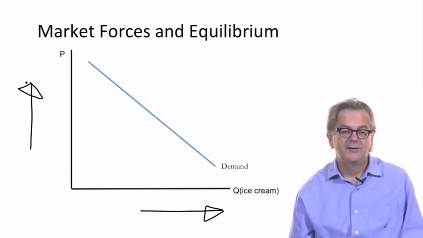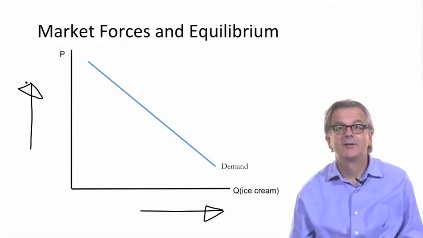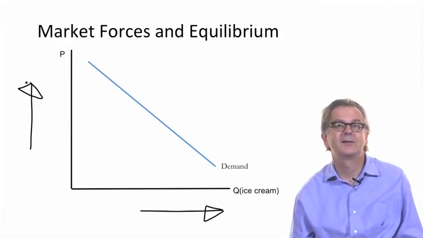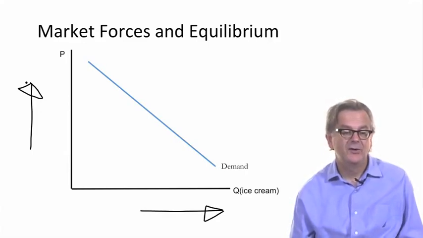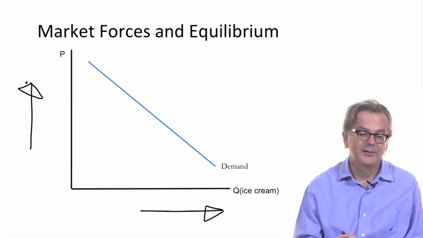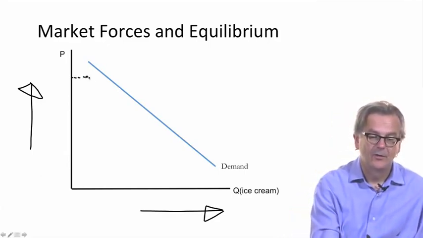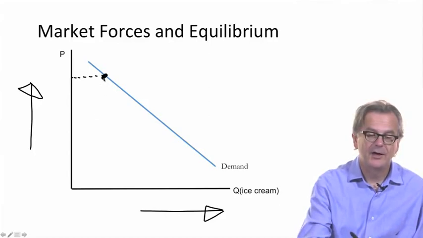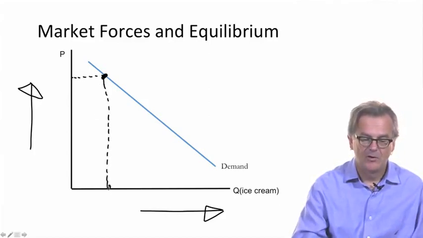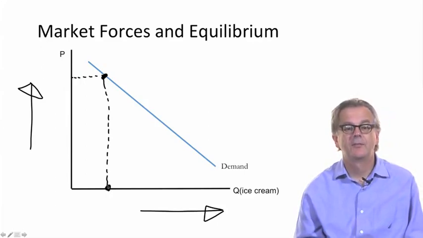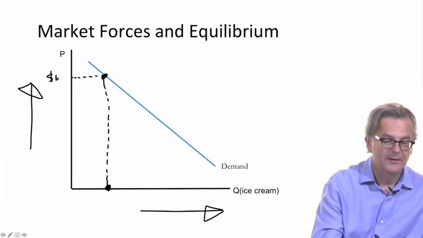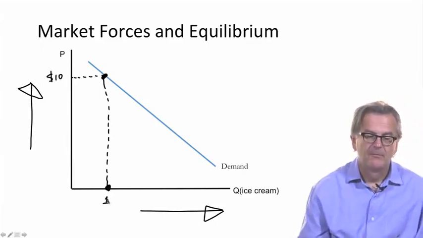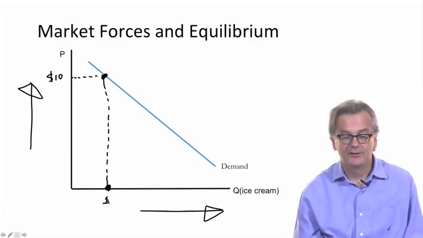There is a great deal of sophisticated analysis that underlies the demand curve, very elegant mathematical models of why the demand curve has this negative slope. But for our purposes, you can just think about this as something relatively intuitive. What this is saying is that at relatively high prices, holding everything else constant, the demand for ice cream is relatively low. So if it cost you $10 for an ice cream, maybe you'd only ever want to purchase one ice cream.